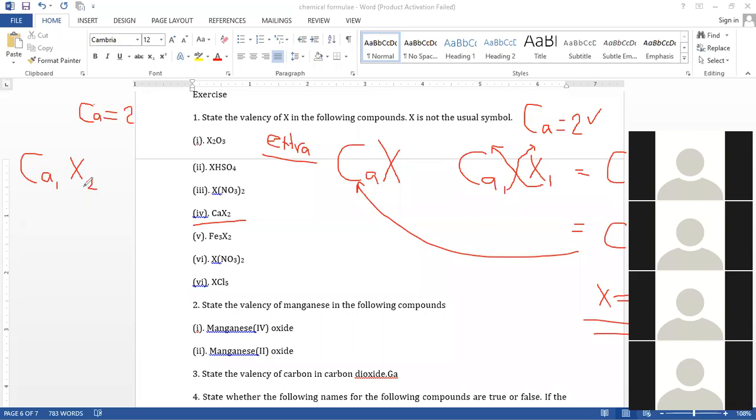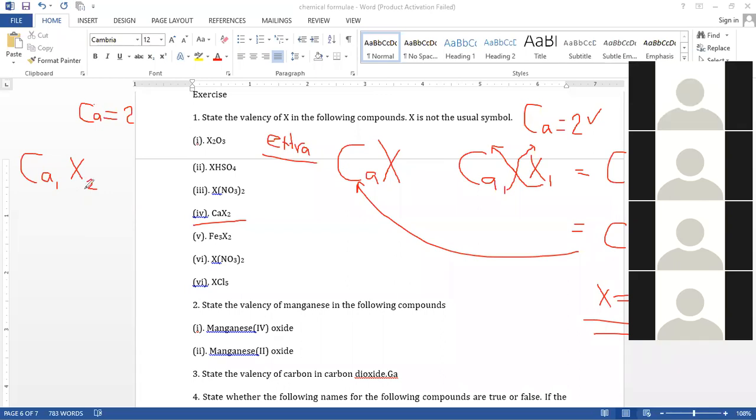So we start. How did these 2 come? Let me write another step. CA 1, X 2. By exchanging. This came from here. This one also came from here.